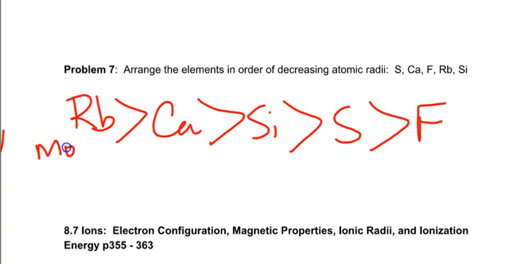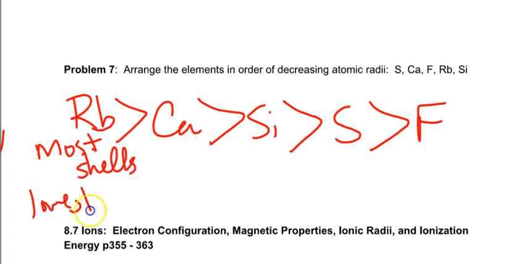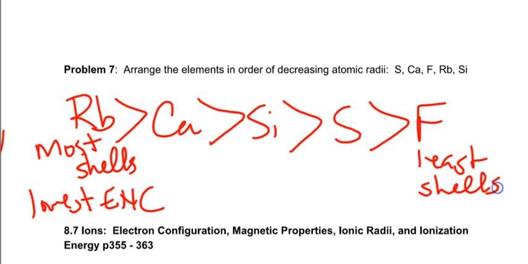Most shells and lowest effective nuclear charge. This has the least shells, so it's smallest, and it has the greatest effective nuclear charge. So that's it for section 8.6.